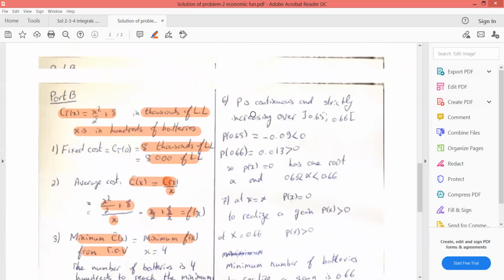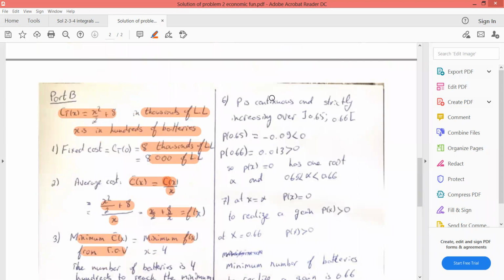Now part 6: prove that the equation p(x) equals 0 admits a unique solution alpha, where alpha is between 0.65 and 0.66. We are going to prove that p(x) equal to 0 has one root alpha between 0.65 and 0.66. We took approximate value in the first lesson.